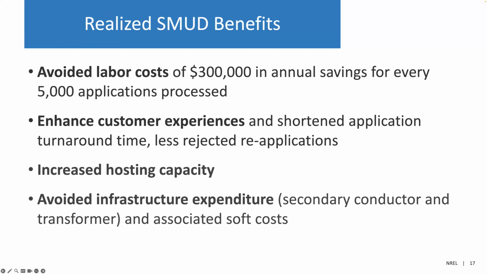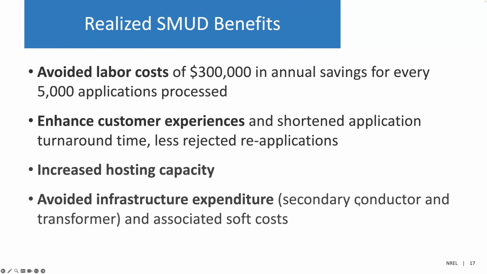More crucially, with what I call targeted increased hosting capacity, we have been able to accommodate a lot more PV without requiring infrastructure upgrade expenditures, especially on the secondary side, because we can leverage volt-var curves, both standard California Rule 21 and potentially custom curves.